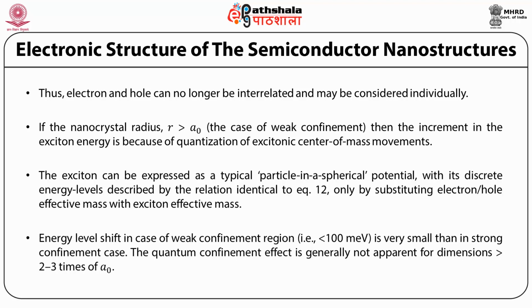So the energy level shift in the weak confinement region is very small compared to the strong confinement case. The quantum confinement effect is generally not apparent for dimensions greater than 2 to 3 times a0.